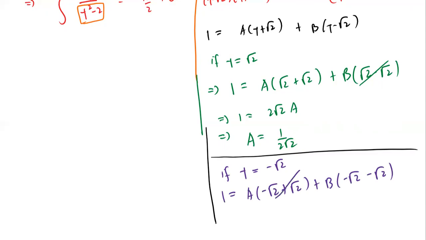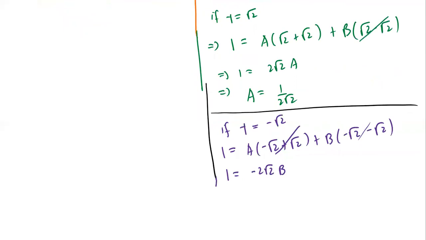This goes to 0, and this goes to negative 2 square root of 2. So this equation simplifies to negative 2 square root of 2 times B. Divide both sides by negative 2 square root of 2. So what do we get? Negative 1 over 2 square root of 2 equals B.